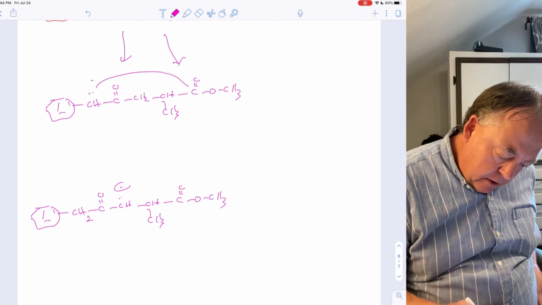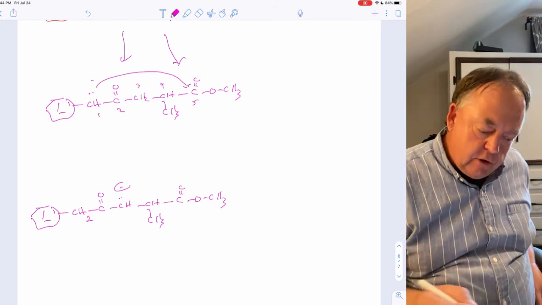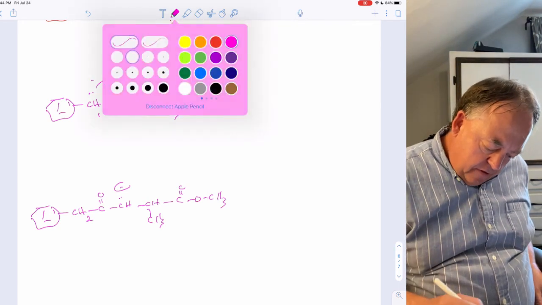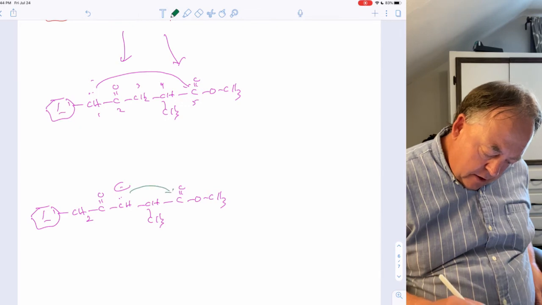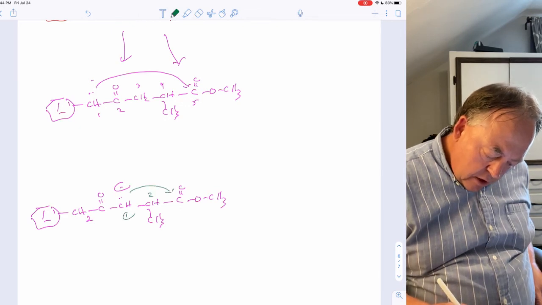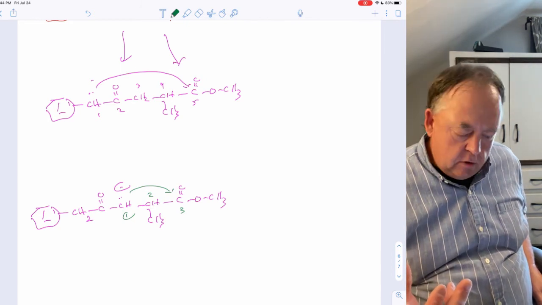It could react here, so that would make a 1, 2, 3, 4, 5 membered ring. Or if you made this enolate and it would react here, that would make a 1, 2, 3 membered ring, and obviously 5 membered rings are easier to make than 3 membered rings.